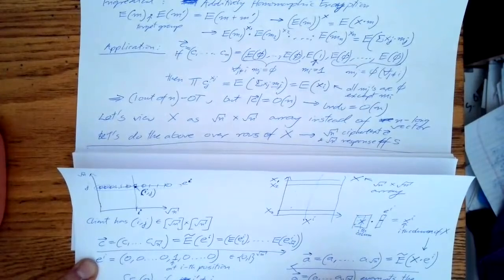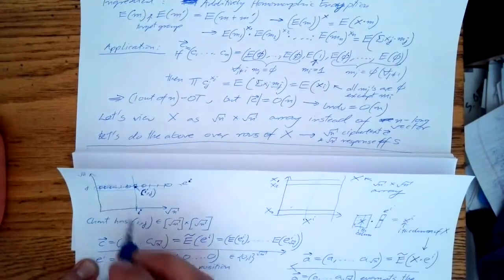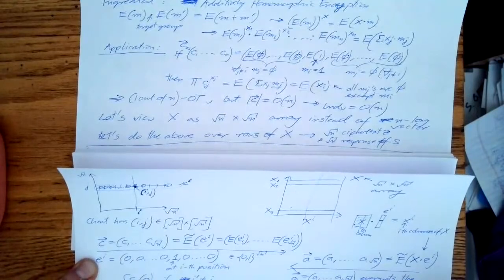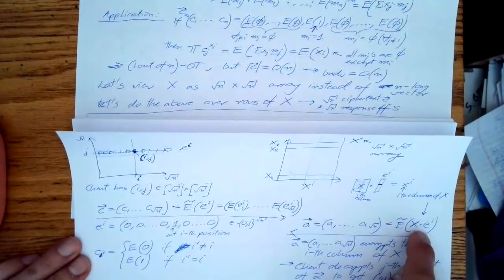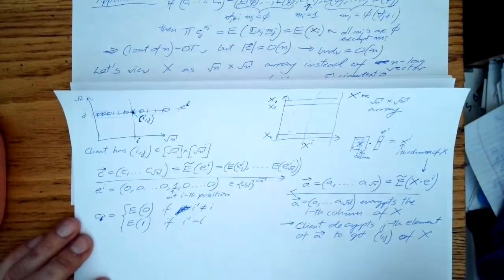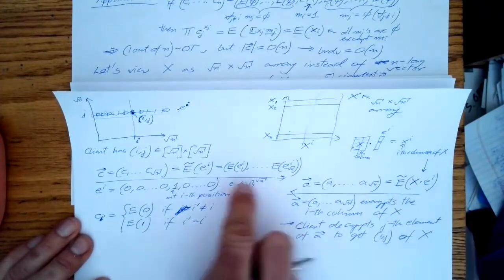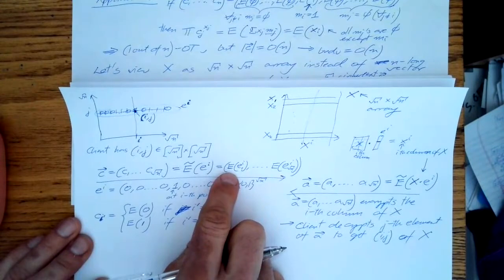So just the client decrypts the jth element of A to get the entry at this position of matrix X. Okay, so let's see how the server can compute this encryption, given the encryption of this ith indicator vector.